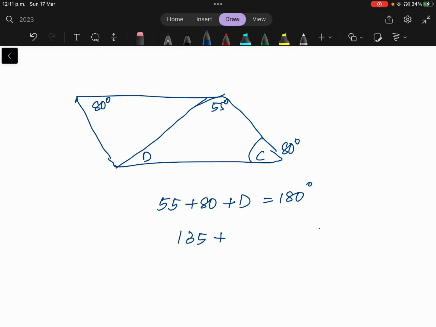So 135 plus D is equal to 180 degree, and D is equal to 180 minus 135, so that is equal to 45. Okay, so you might have to use the theorems of the quadrilateral, or from the triangles, or from the lines, or from the angles, so that you can work on these problems.